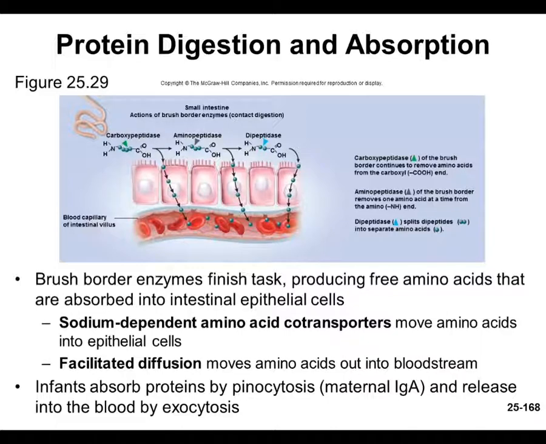Again, amino acids are going to be taken up through the cells of your intestines by the process of pinocytosis, or absorption into those cells. Again, we won't worry about all the details here, just the big idea.